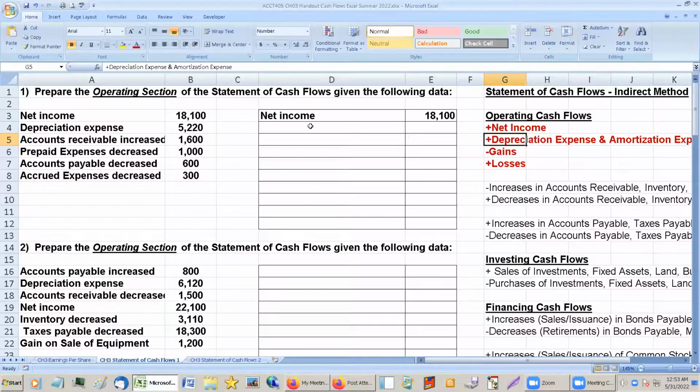You hear about paper losses, this is what they're talking about. Even though it shows as an expense on the income statement, there actually is no cash outlay for it. So when we do the statement of cash flows, we're trying to get back to just the cash. We subtracted this to get the net income, so we have to add it back in because there was no check written for the depreciation. So depreciation expense always gets added back in.